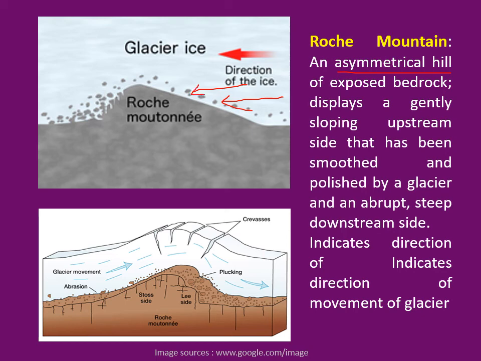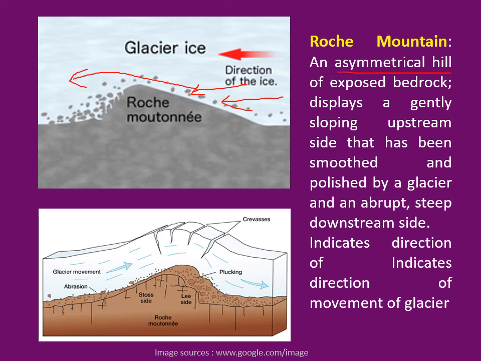So there is continuous erosion, continuous scratching, continuous scraping of this side of the exposed hill, and this side forms a gentle slope. In the other part, that is the downslope portion, the glacial ice mass almost moves past. So this portion does not suffer the pronounced glacial abrasion activity.